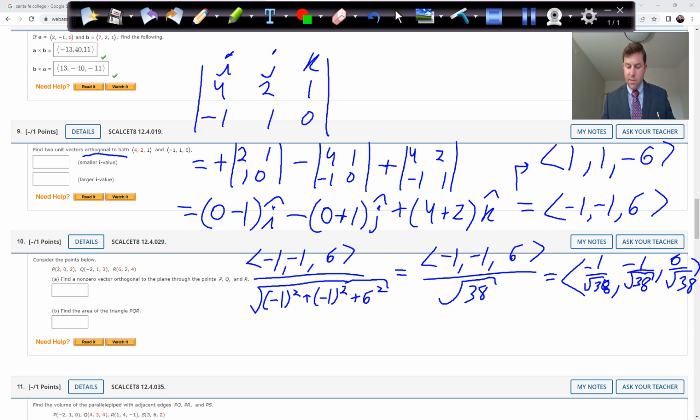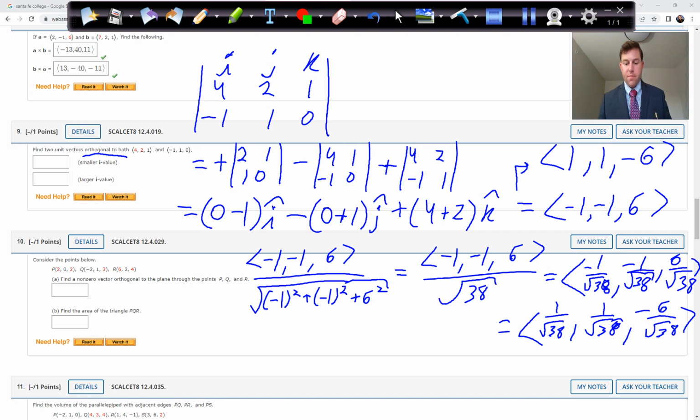In fact, let me just show you the unit vector then. So this unit vector would be 1 over root 38, positive 1 over root 38, and minus 6 over root 38. So those are the two unit vectors, and I want you to take the smaller I value first. So the I values are the first numbers, the smaller one will be the negative one. So this first vector will go in the first box, and this second vector will go in the second box.